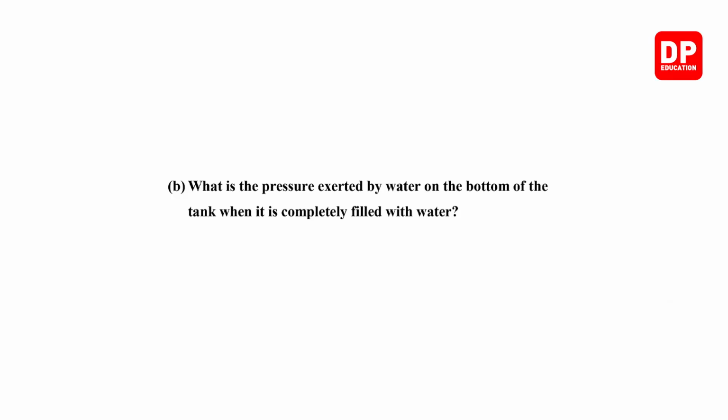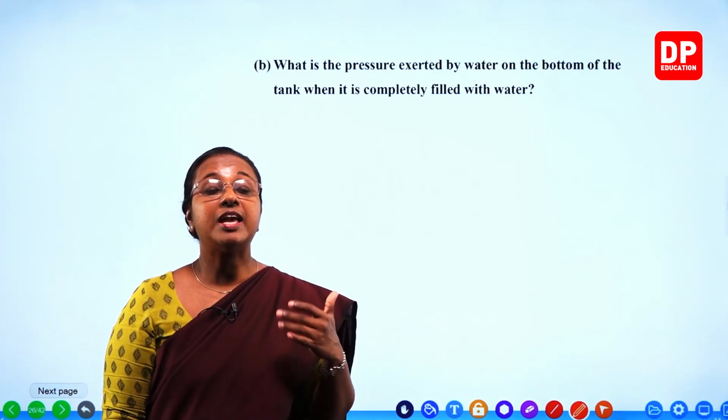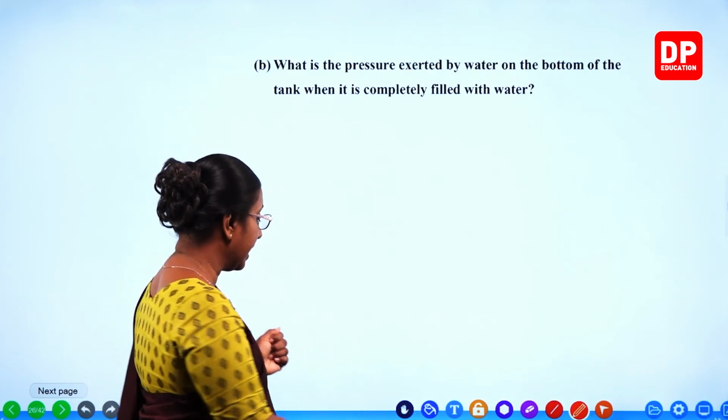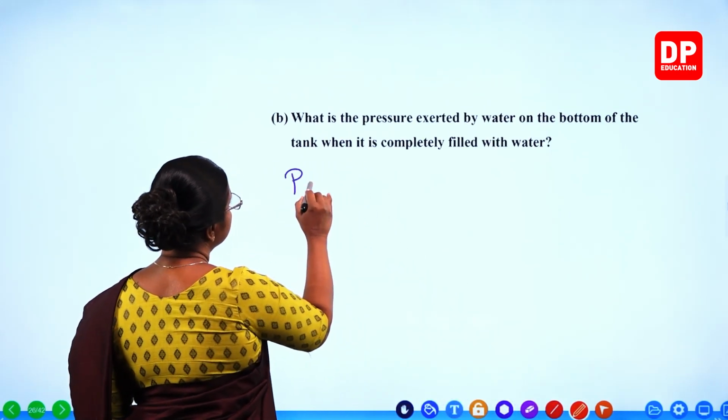Here you can see the question: what is the pressure exerted by water on the bottom of the tank when it is completely filled? Since this is water, we can calculate pressure using the equation for liquid pressure. What is that? Pressure equals h rho g.